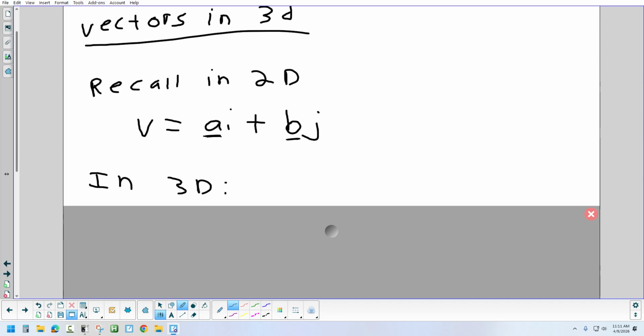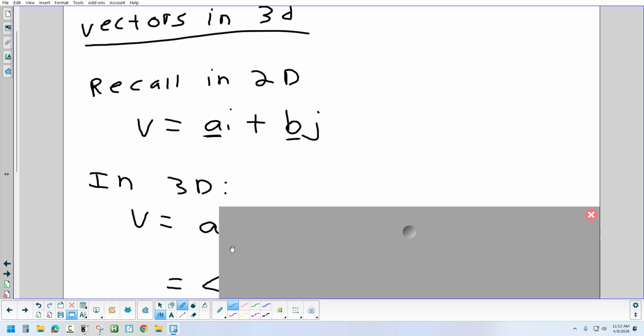So now in 3D, we're going to extend that a little bit. A is still going to be the x-axis component, and i is, remember, a unit vector that points 1 unit to the right. If you want it to point to the left, we can do that.